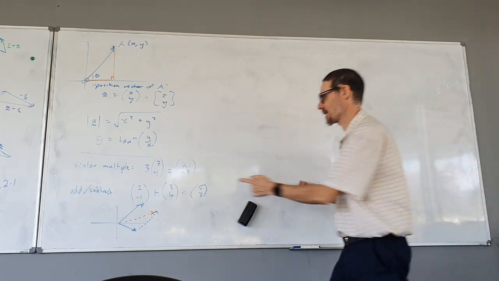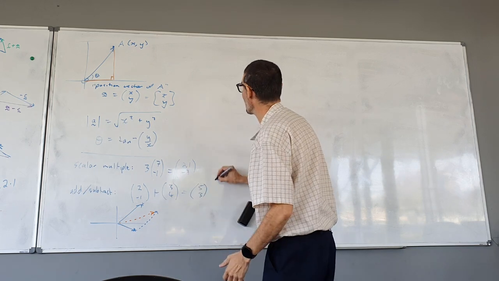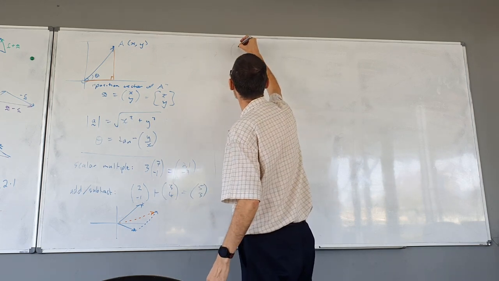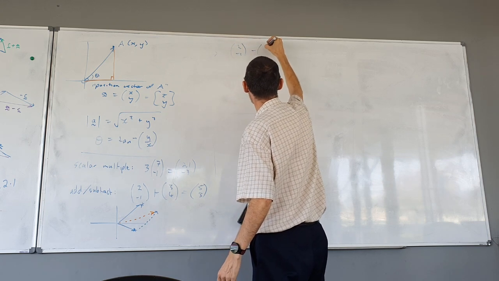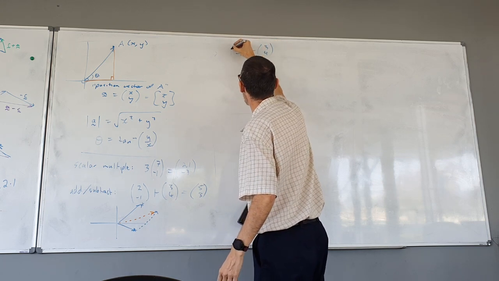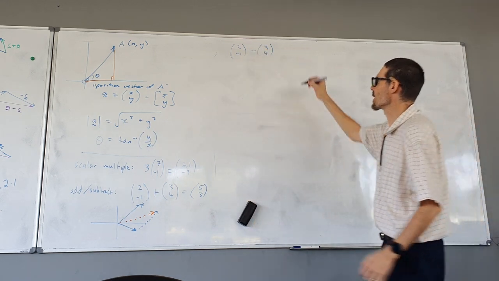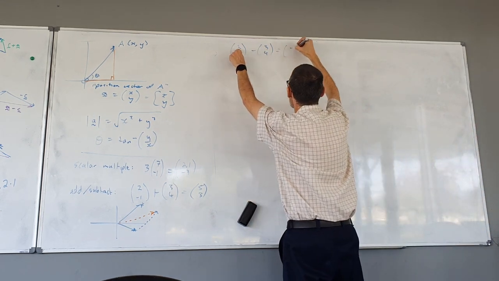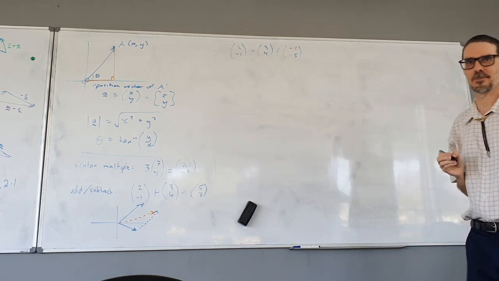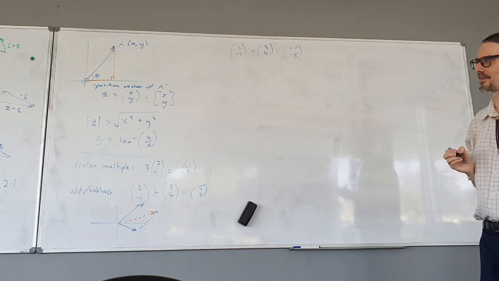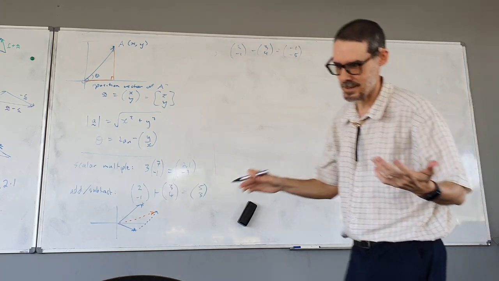Subtraction is the same. You're just going to subtract here. Let's go (2, -1) minus (3, 4). If I'm subtracting it, all I'm going to do is go 2 take 3, -1 take 4. That's all I have to do.